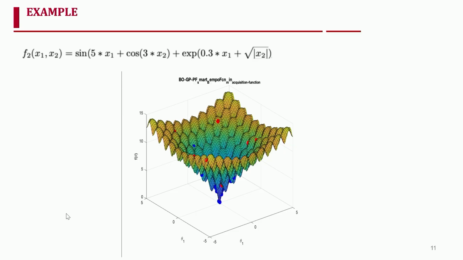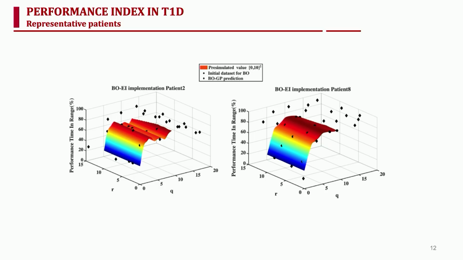Now, how does this relate to our glucose problem? Well, what if I can get an f of x function that has a shape, not necessarily like the two that I showed you that were kind of nasty to find the maximum and the minimum, but something like this one. This is the time in range generated for two representative patients that we have in a simulator, in an in silico population.